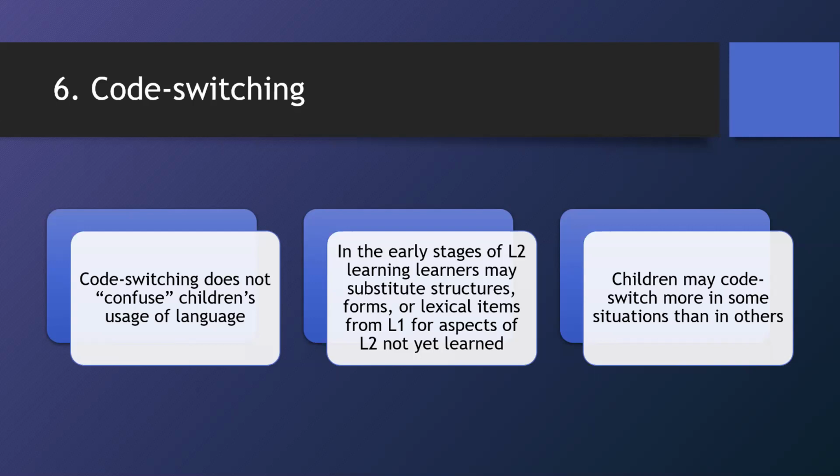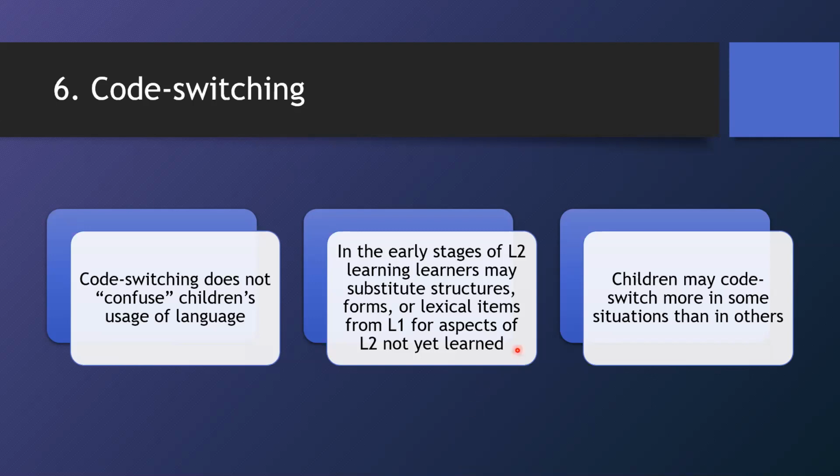We do this with our vocabulary based on who we're talking to, and you can do it actually language to language. Code switching is not confusing to people. It is something that we do. It does not confuse the child's usage of language.